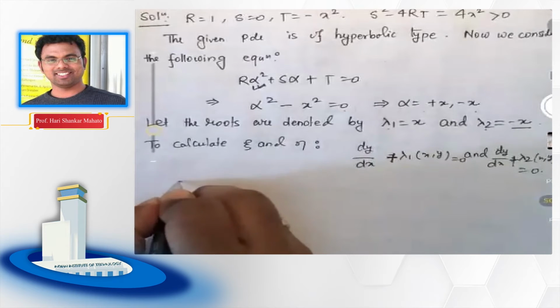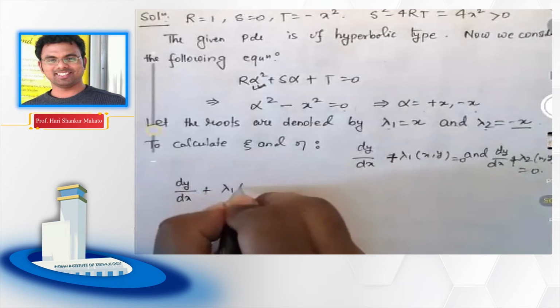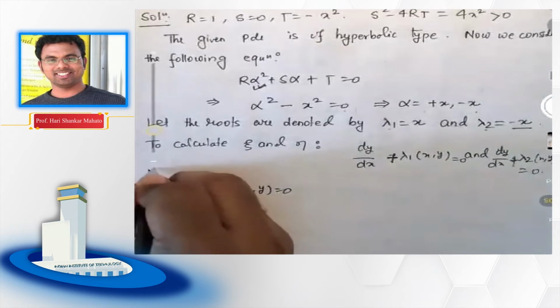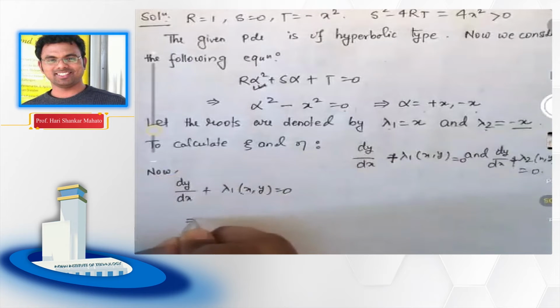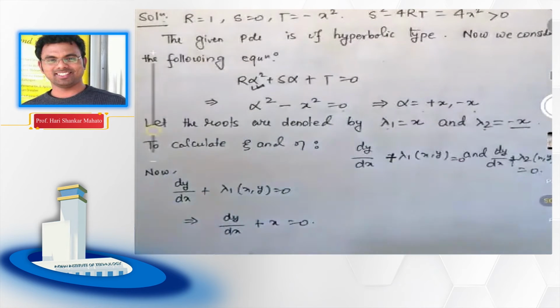So if I take this equation, then dy/dx plus lambda 1, which is plus x, equals to 0. If I integrate both sides, it will simply give you y plus x square by 2 equals to some c1, some arbitrary constant.